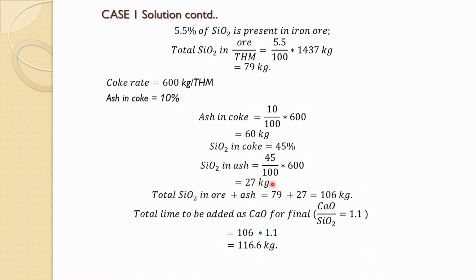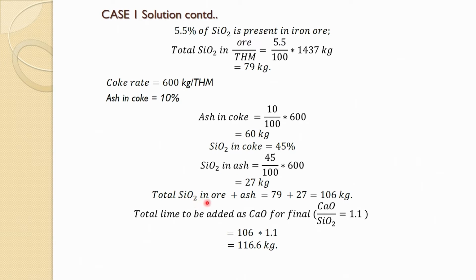That will give you 27 kg of SiO2. It should actually be 60 because we are calculating in this 60 kg of S. So, it should be 60, then only you will get about 27 kg. Make a note of this, this should be 60, not 600.